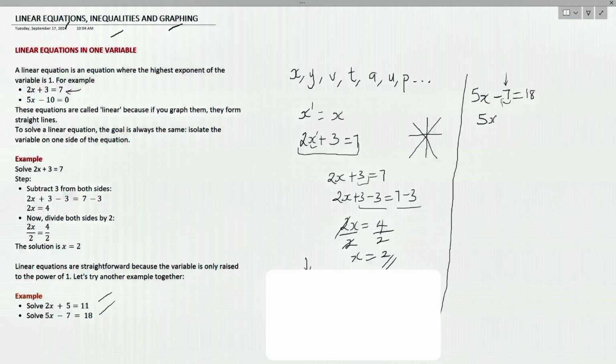So here will be 5x minus 7 plus 7 equals 18 plus 7. Minus 7 plus 7 is 0, so that will be 5x equals 18 plus 7, and 18 plus 7 is 25. If you divide both sides by 5, you should get x equals 25 divided by 5, which is 5. This is how we solve linear equations in one variable.